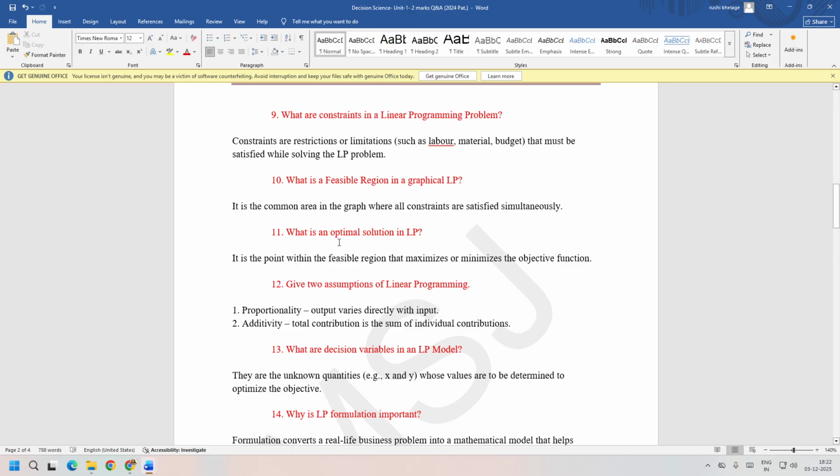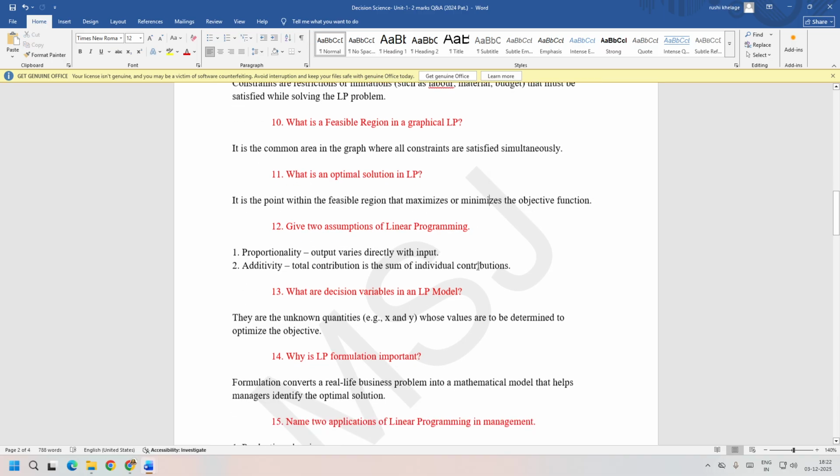Question number 11, what is an optimal solution in linear programming? It is the point within the feasible region that maximizes or minimizes the objective function. Give two assumptions of linear programming. Proportionality, that is output varies directly with input.